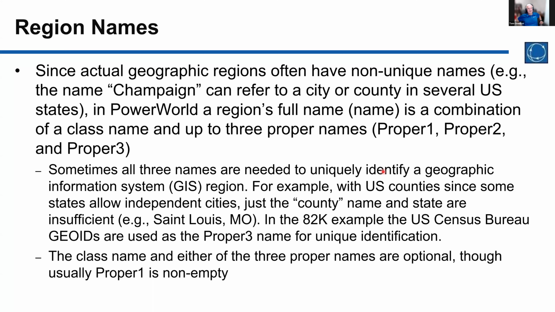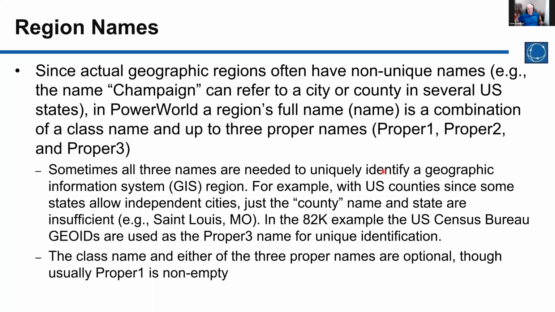There's a St. Louis County, and then there's a St. Louis Missouri that is also in a county record, but it's referring to the state. So we realized we really needed three names to make things unique. So names are a class name, and then there are up to three proper names.